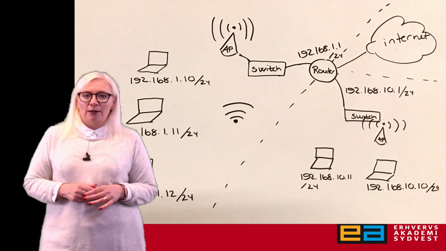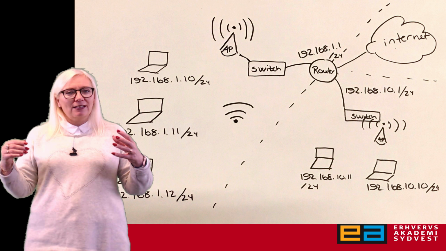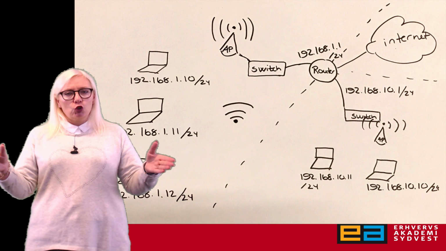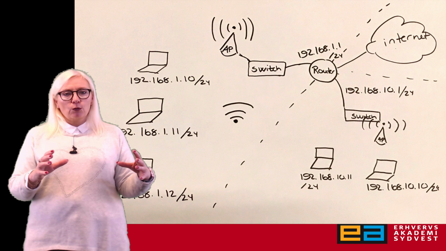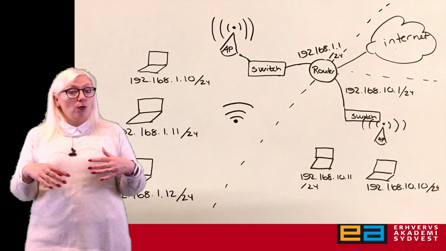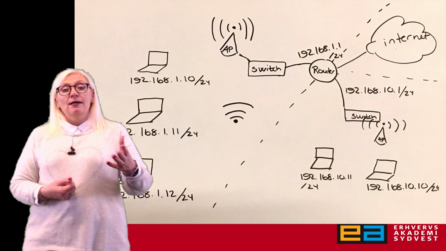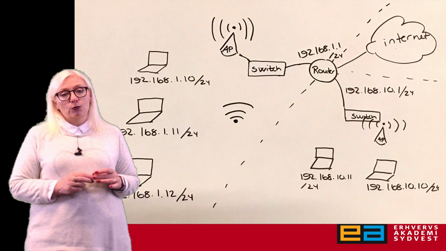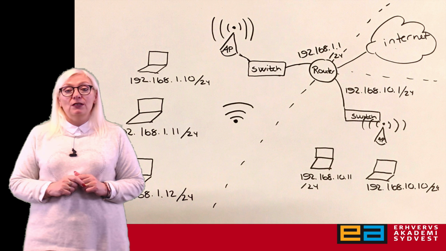The whole idea with IP addresses is that they have a meaning. They are divided into 2 parts, a network part and a host part. The network part is an address where all the devices on the same network have the same network address. And then the last part is the host part, which is different because, again, all IP addresses must be unique.